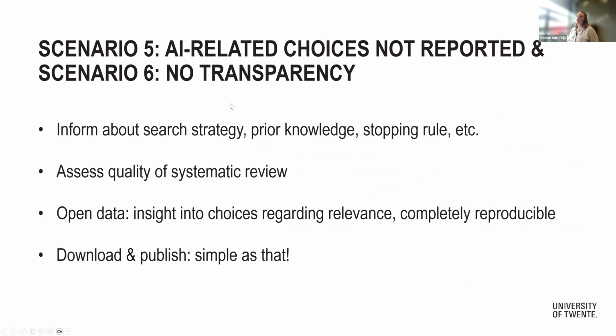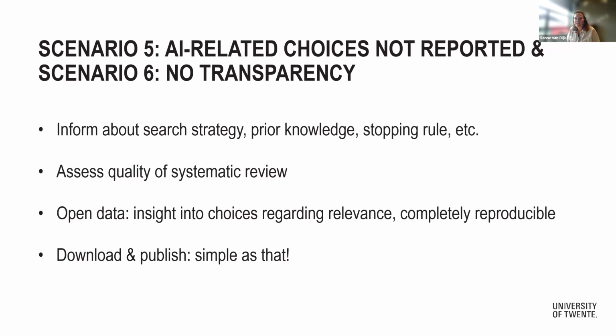And then we have scenarios 5 and 6, and these are more related to each other. That's why they are on the same slide. But we saw that many papers are not reporting all their AI-related choices. And it's, in my opinion, super important to describe all your AI-related choices in the review, or in its supplements, or anywhere accessible, so your screening process is completely transparent.